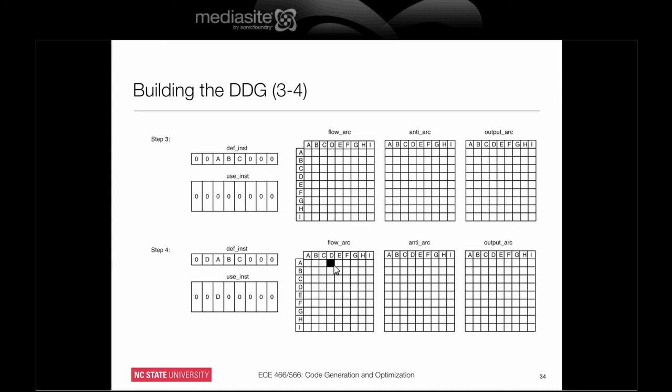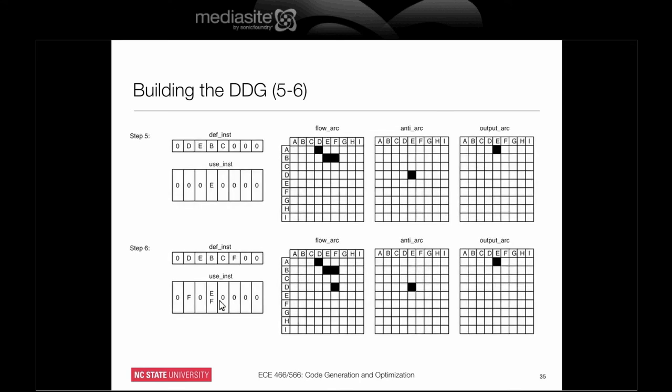There aren't any, so there's no antidependence. There's also no previous instruction that defined register 1, because register 1 was empty before, so there's no output dependence. And so we're done just marking that. The other thing we do is mark D as the instruction that defines register 1, and we mark D also as a user of register 2.